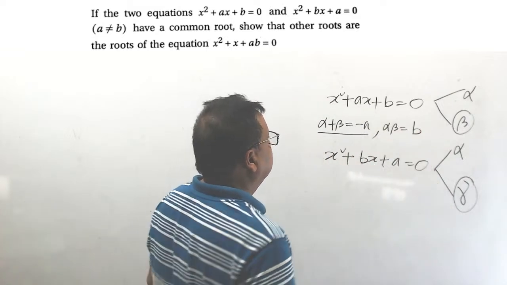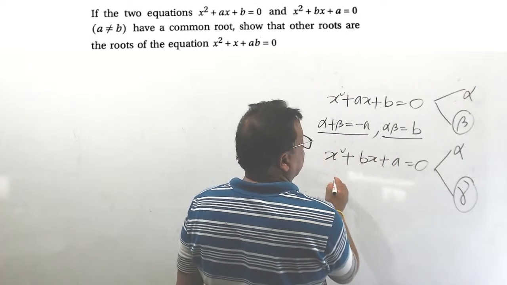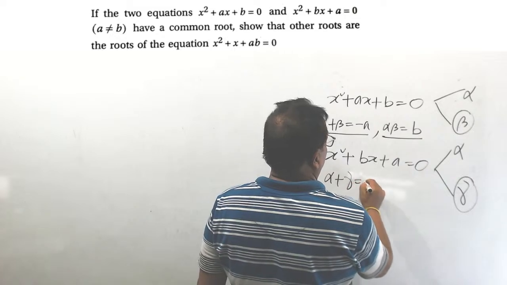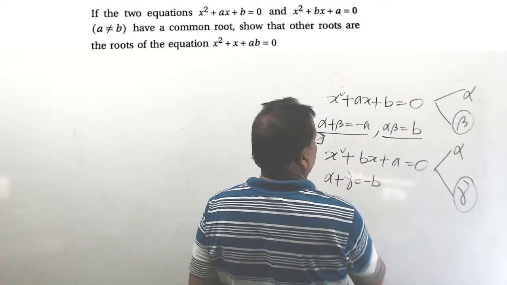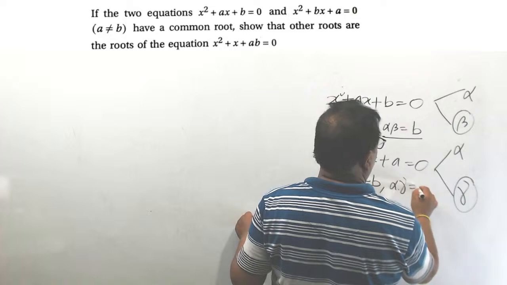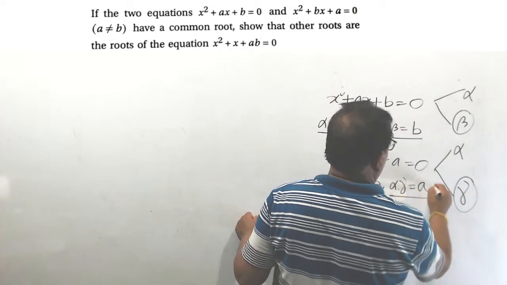Clear? Here also sum of the roots, alpha plus gamma is equal to minus b, understood? Minus b by a. And product alpha into gamma is equal to c by a, that means a. Understood?